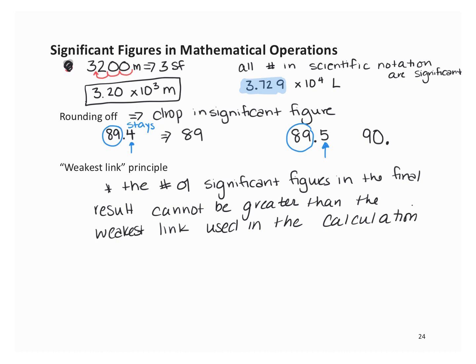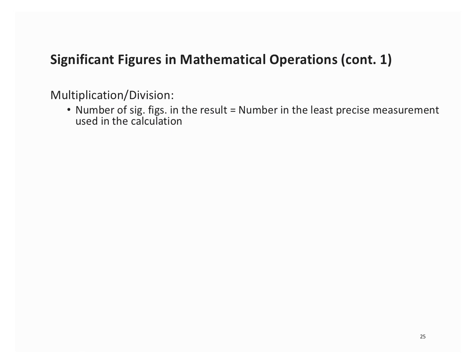Okay, now that actual rule depends on mathematical operations, which we're going to get into right now. So let's start with multiplication and division. In multiplication and division, the number of significant figures in the result equals the number of significant figures in the least precise measurement used in the calculation. So, for example, if I have 6.38 times 2.0, and I put that in my calculator, it's going to give me 12.76, okay?